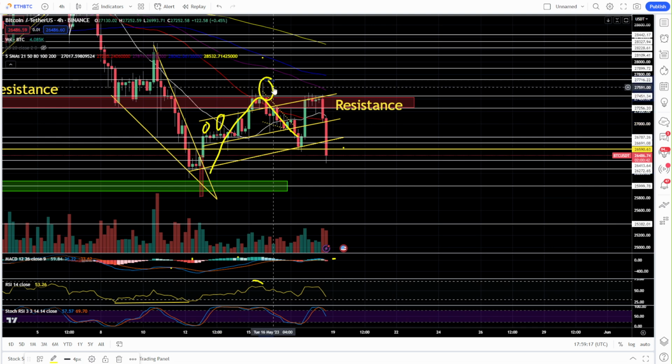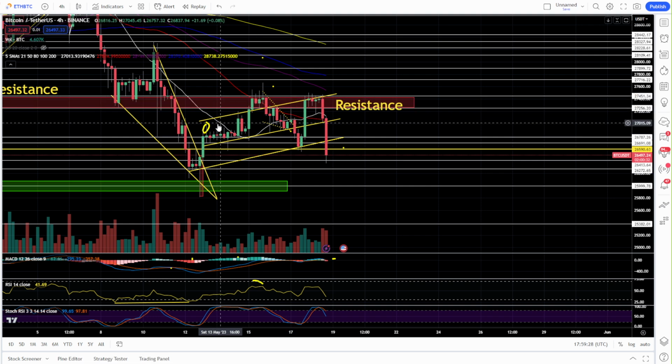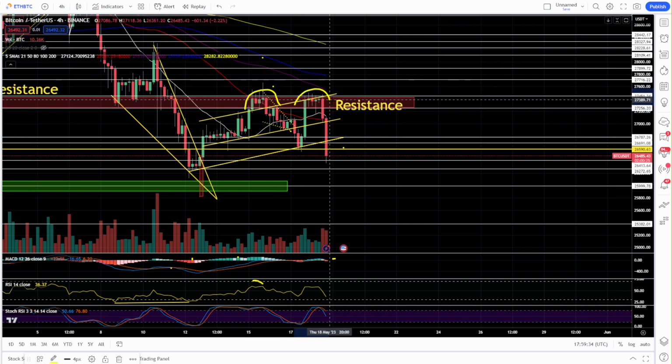The one thing I just wanted to reiterate with you guys is these double tops, and I want you to see on the 4-hour chart, double top.